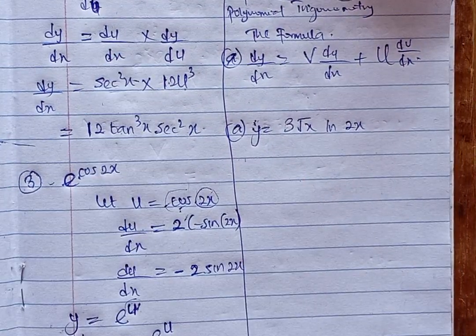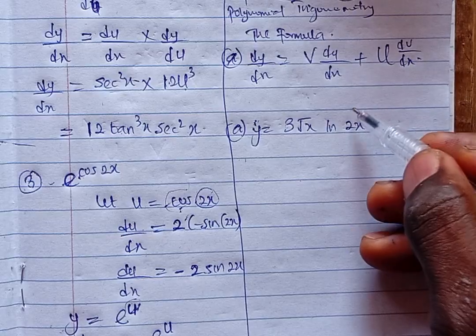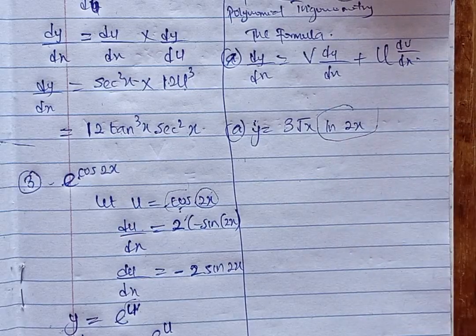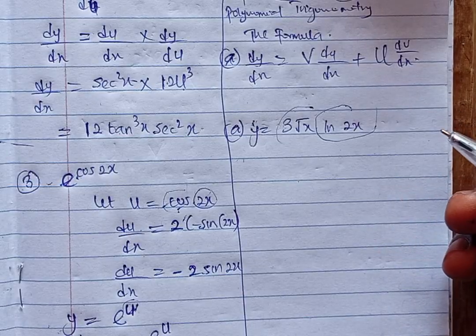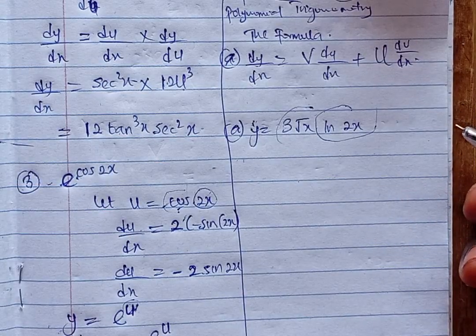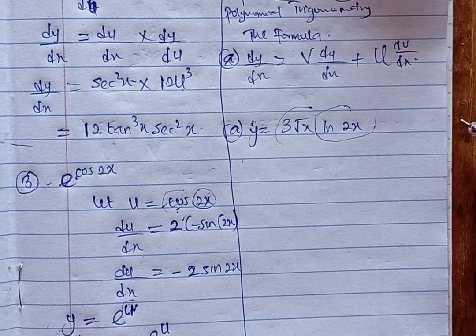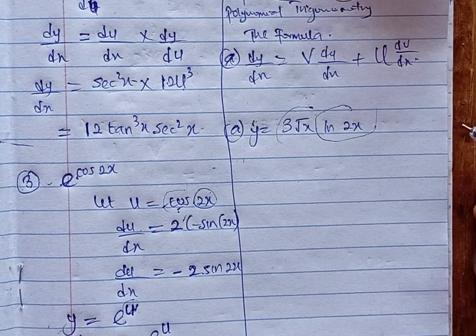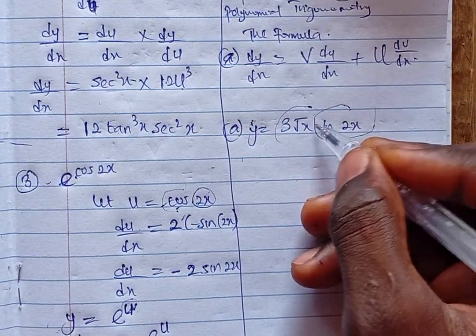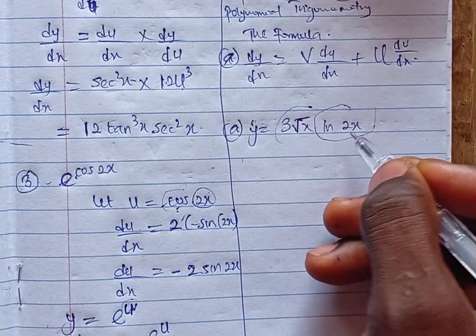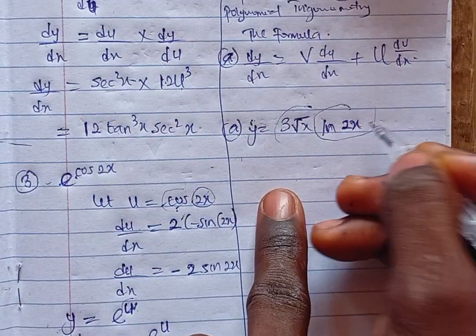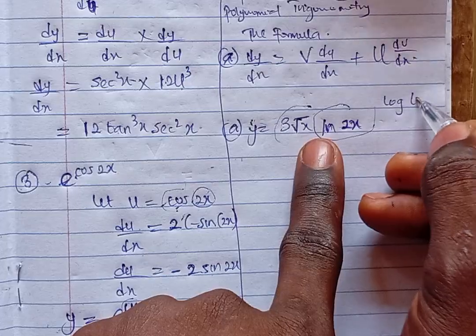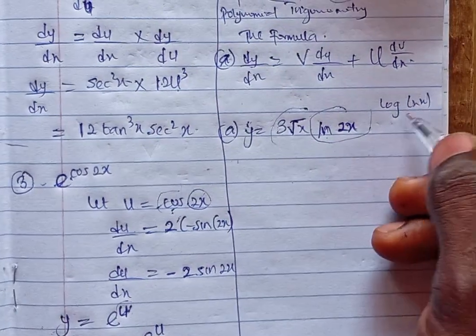You should know that ln is a family of logarithm, and the other one is like 3 root x. You can say linear, you can say polynomial, or any one you want, because they are joined by multiplication. You can't say they are glued together. Ln is glued with 2x. It's like saying log 2x. Ln is the same thing as log.